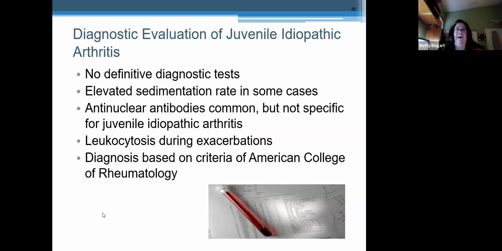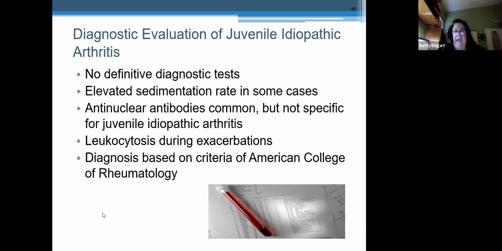So, how do you diagnose juvenile idiopathic arthritis? Basically, it's the assessment. Yes, you can go ahead, you could do all the lab tests. Sometimes you'll see them positive, sometimes you see them negative. But again, continuing with the parent being the advocate for the child and keep going back and back until you get that diagnosis.